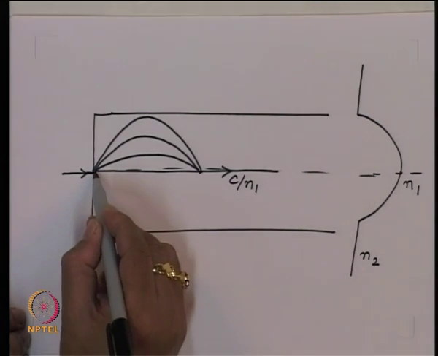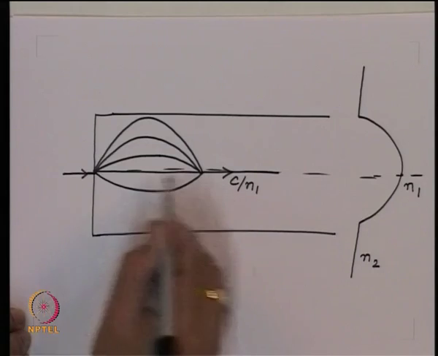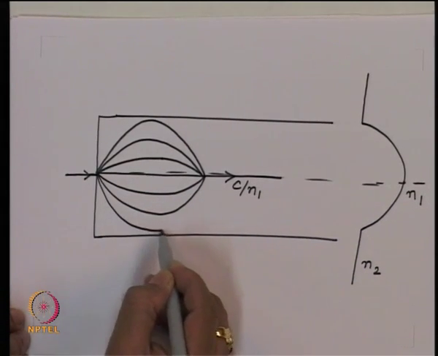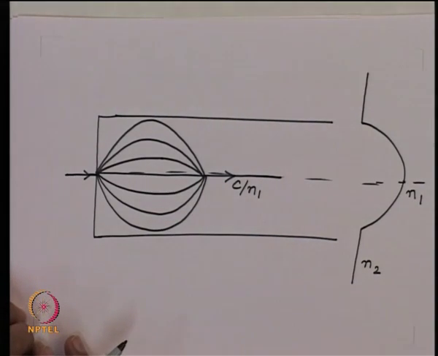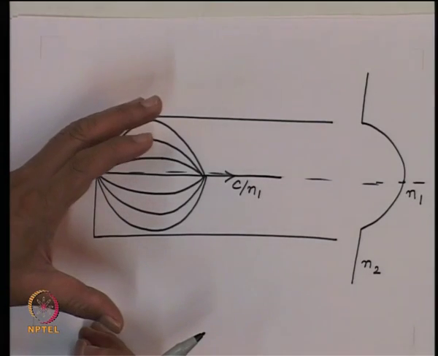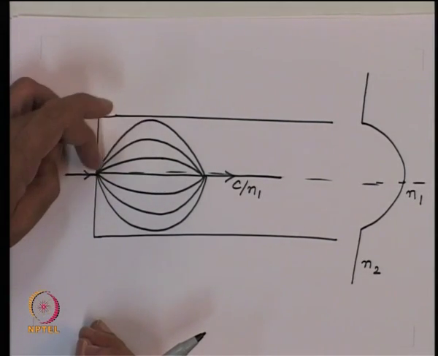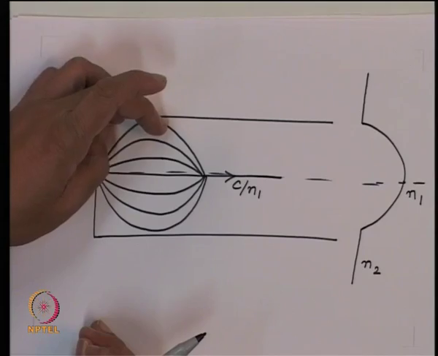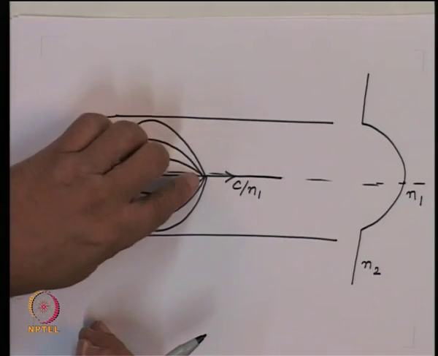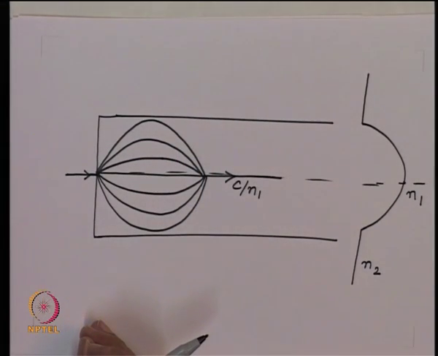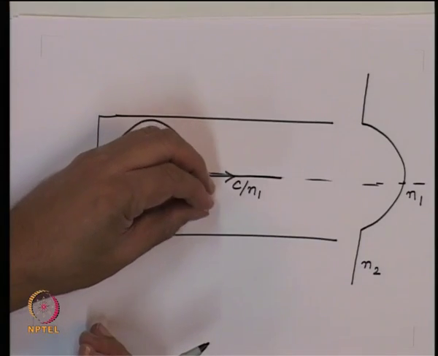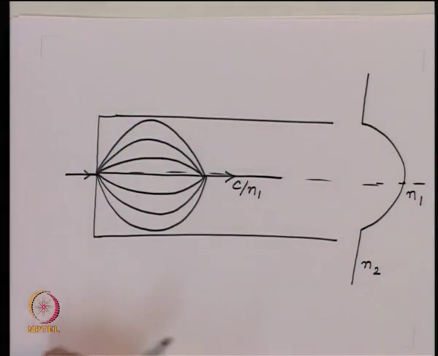So, essentially now the ray propagation is going to be like a projectile inside this fiber. The rays would start from here, they go like this, but since this ray will start travelling faster and faster, by the time this ray has travelled from here to here, this ray would have again come and joined here. So, it will start like this, join like this, like this, like this.